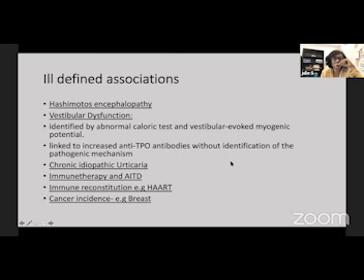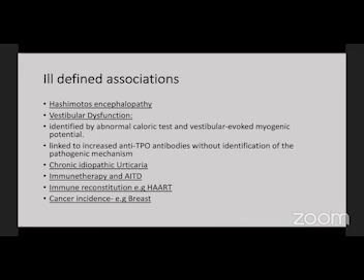I'll just spend a few minutes talking about some ill-defined associations of peroxidase antibodies and other non-thyroidal diseases. These are not so established, but they've been talked about a lot. Hashimoto's encephalopathy, I'm sure you all have been consulted in such a difficult consultation.